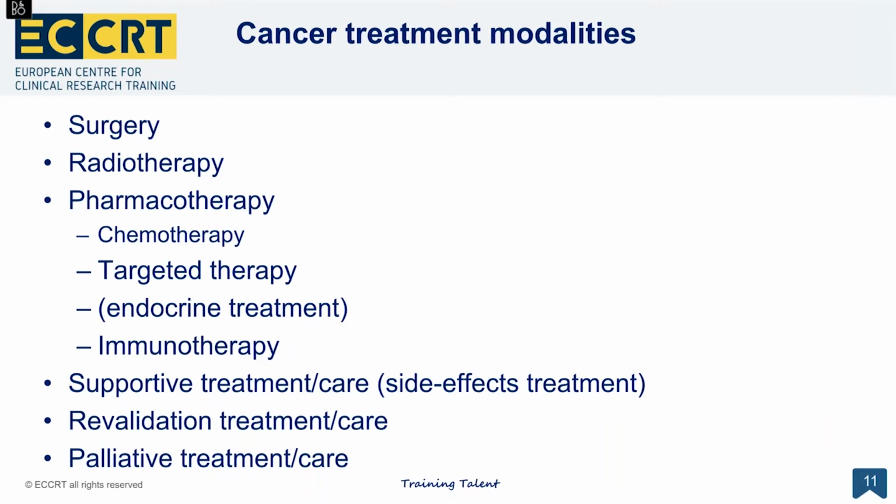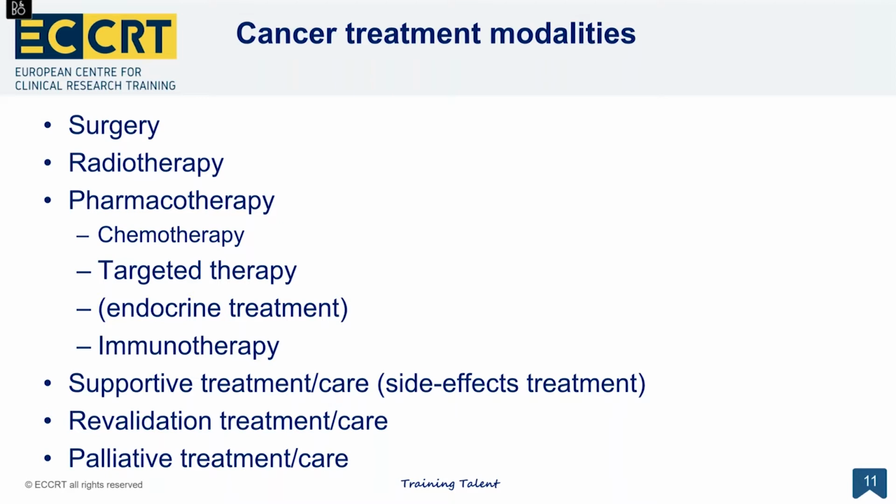Now, what are the cancer treatment modalities? We can offer our patients surgery. We can combine this with radiotherapy. Sometimes this patient gets some chemotherapy, and chemotherapy will kill cells. This is cytotoxic, so it will kill not only the bad cells, but also some good cells. And this is really important when we talk about the side effects, the adverse events.